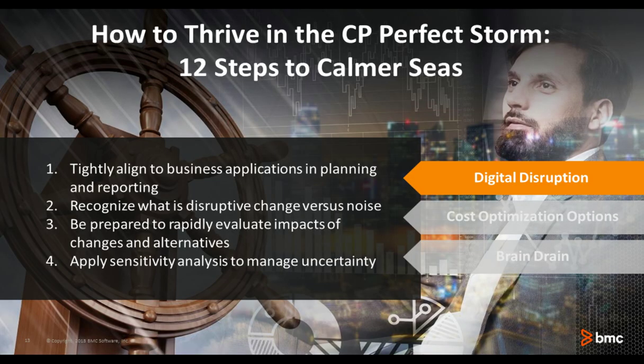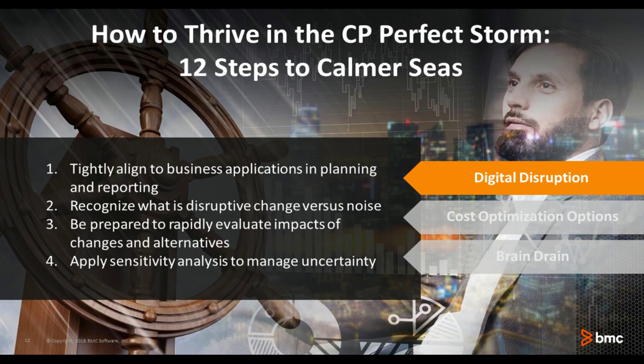Here's some ideas. 12 steps, if you will, to calmer seas for the perfect storm. And I'll highlight these, and then I'd like to look at some examples of some of the key activities and actions you could take. So first, addressing digital disruption, try to align your business application understanding into the planning and reporting process.